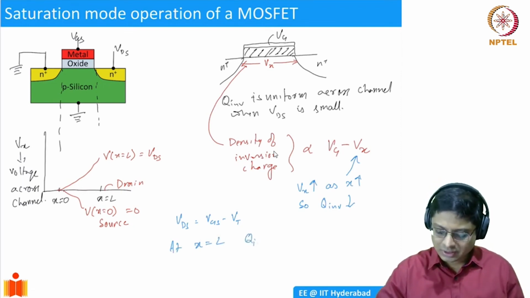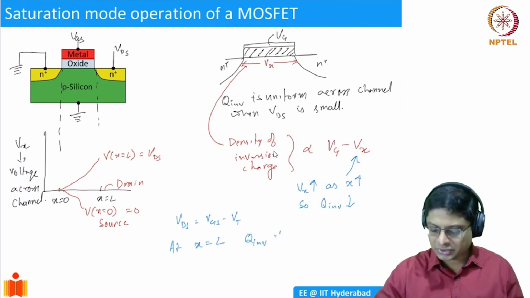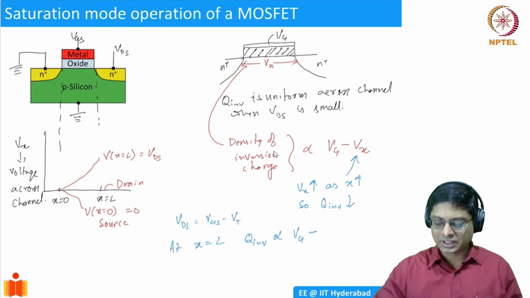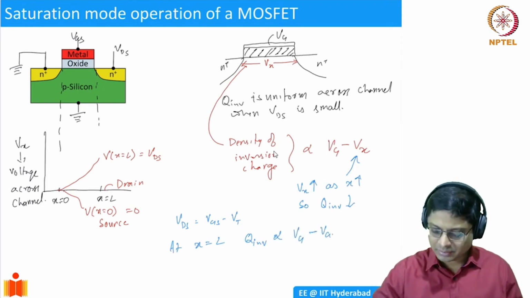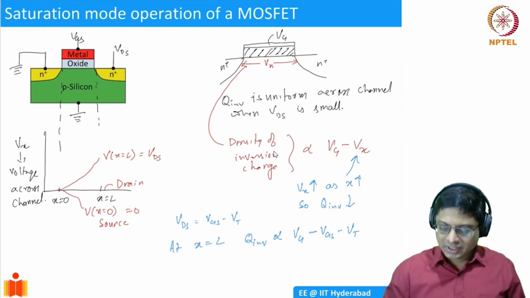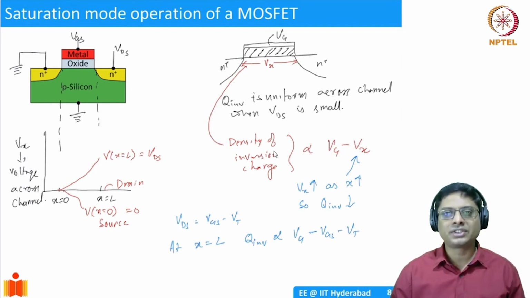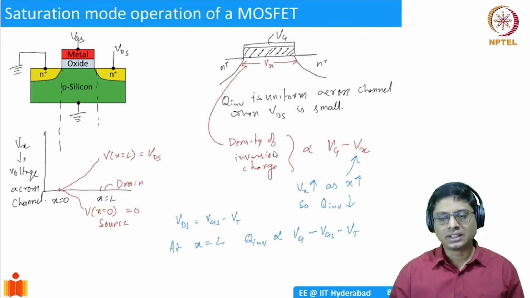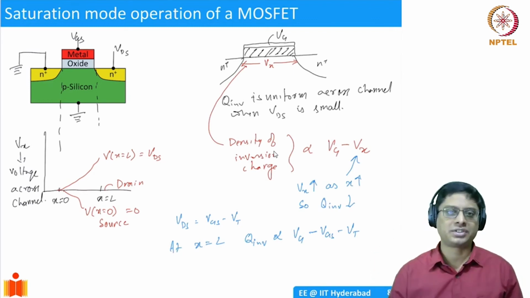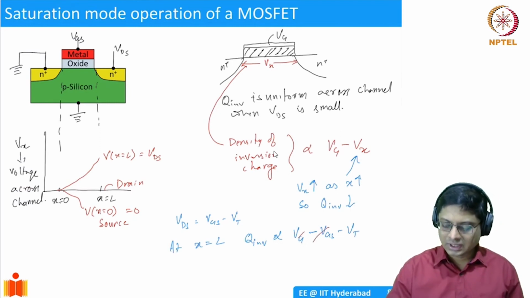Q inversion is, let's say, proportional to Vg minus Vx. But now what is Vx? It is VGS minus VT. Okay. So now what happens is, if your drain voltage is above VGS minus VT, then effectively there is no inversion charge at the drain end. You see, this is going to cancel out, and these are going to cancel out. And if you still further increase VDS, this term will increase further.